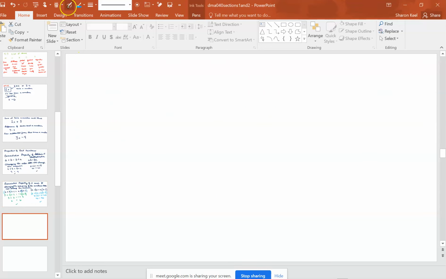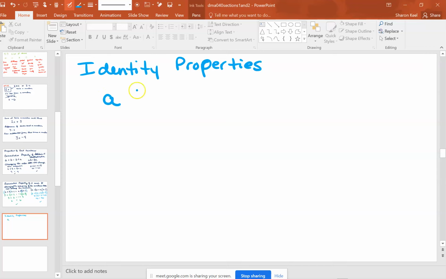The next thing that we have are the identity properties. So for addition, what can we add to a number and still get that same number? We can always add a 0. For multiplication, what can we multiply something by and still get the same number? We can multiply anything by 1.